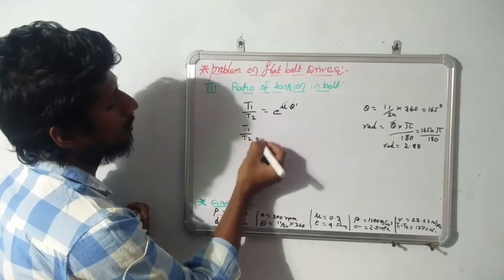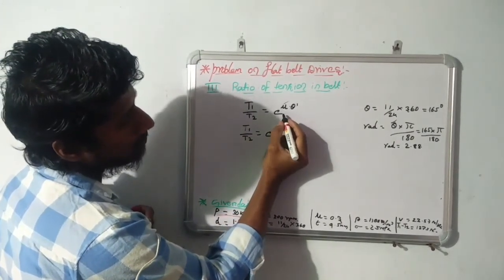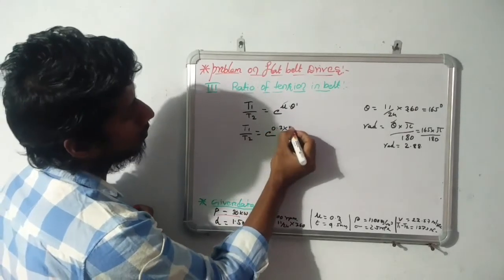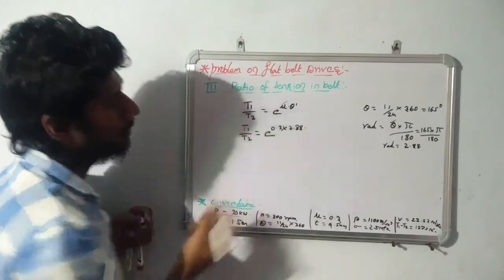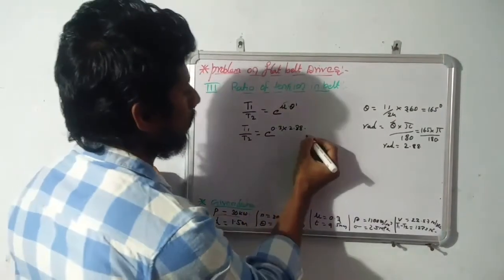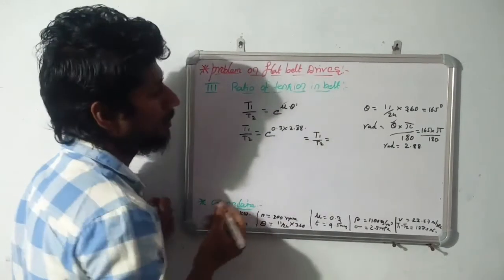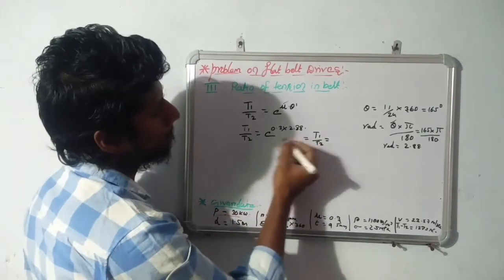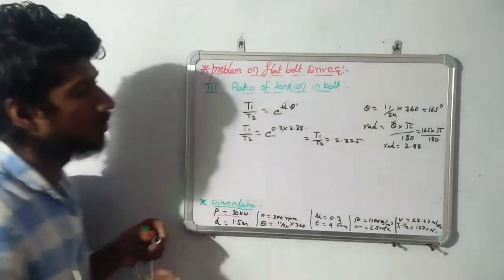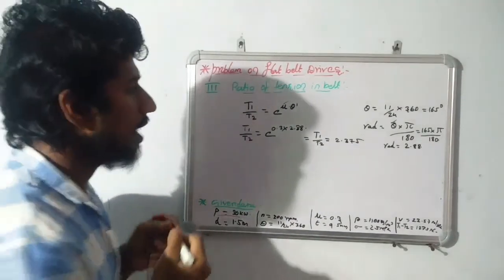T1 by T2 equal to e power, what about the mu value, 0.3 into 2.88. So by simplifying this one, we get the value of T1 by T2, that is equal to 2.375. So this is about the ratio of tension in tight side and slack side.